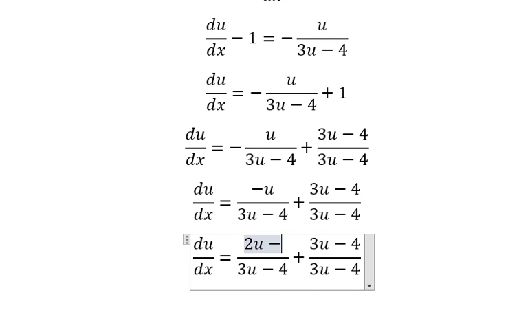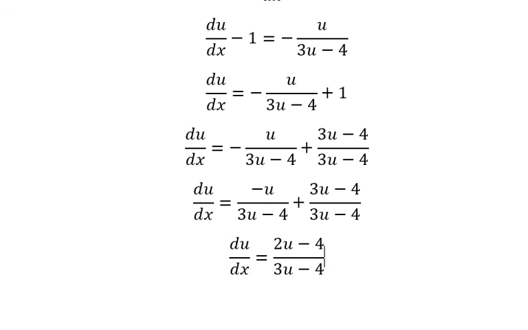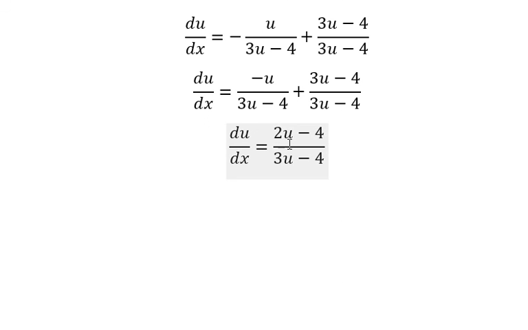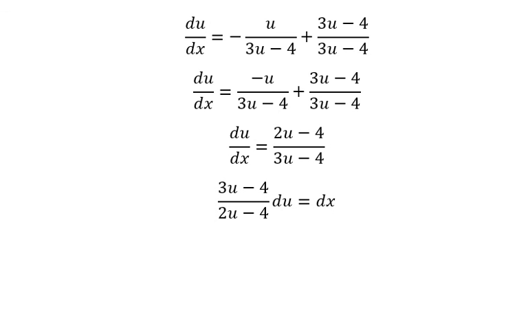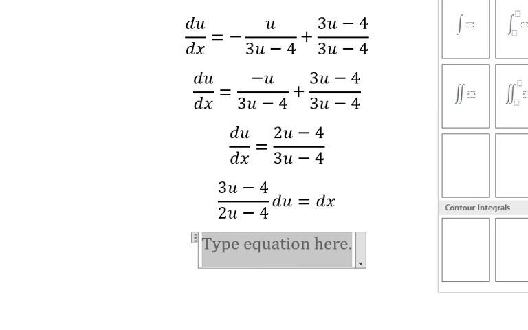And we put negative number 4 in here. And now, the ds we put on the right, this one we put on the left. So we will have 3u minus 4 over 2u minus 4. Next, we put the integration for both sides.